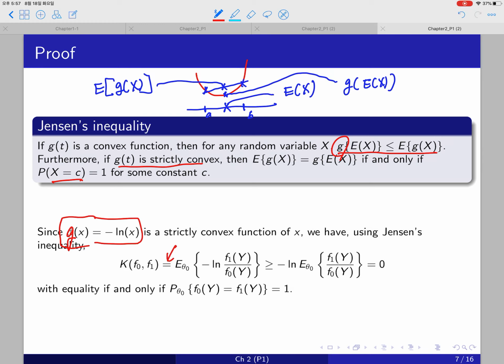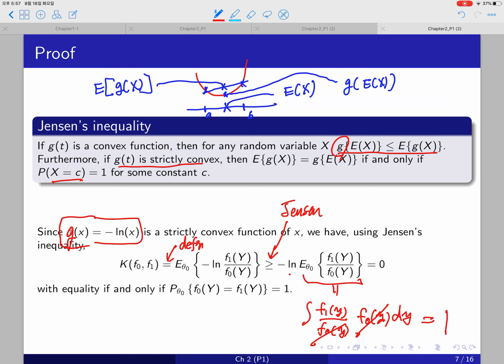So this is the definition, and this is Jensen, and what is this? This is the integral of f_1(y) over f_0(y) times f_0(y) dy, so it becomes 1.